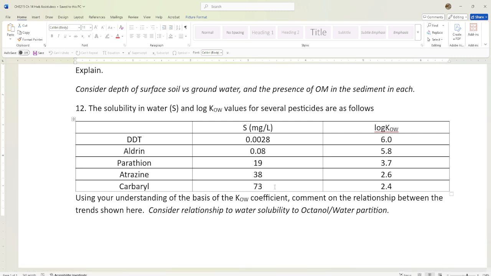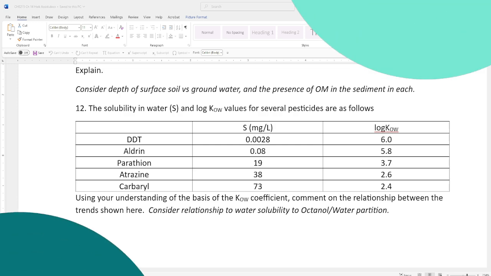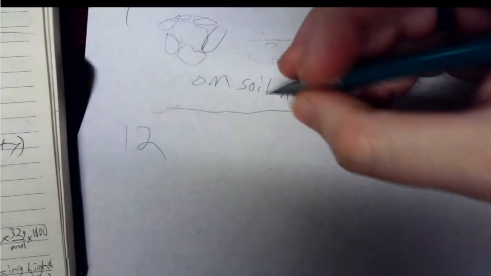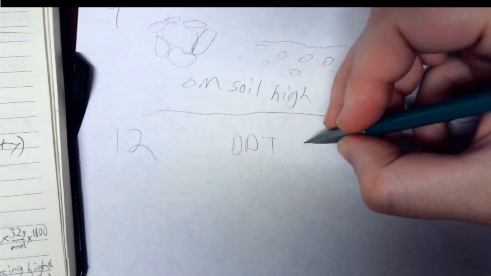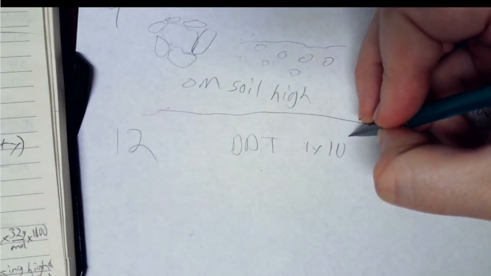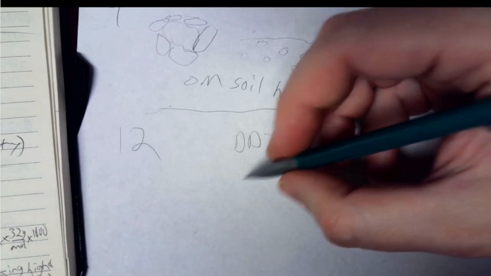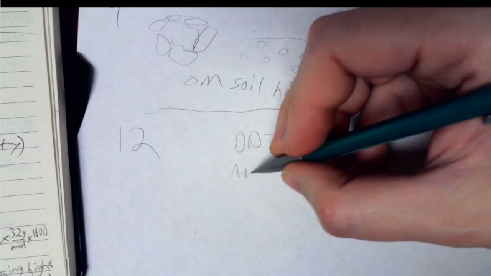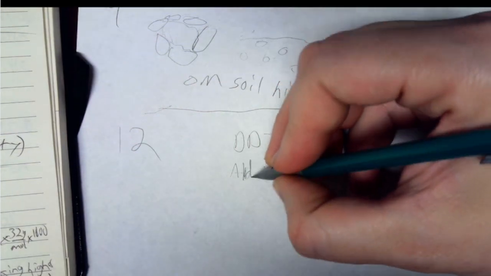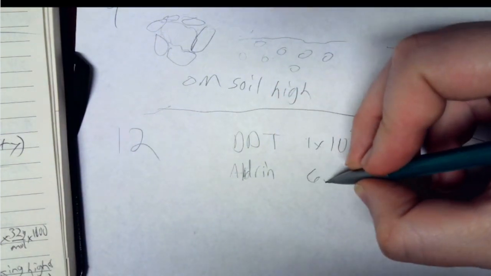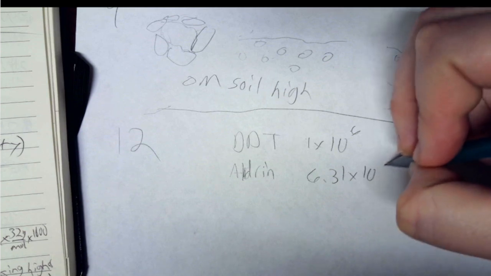So I mean, that's all it is. If you want to look at this real quick, I've calculated these values into the actual KOW instead of log KOW, and what we have is DDT has a KOW of 1 times 10 to the 6th. Aldrin is 6.31 times 10 to the 5th.